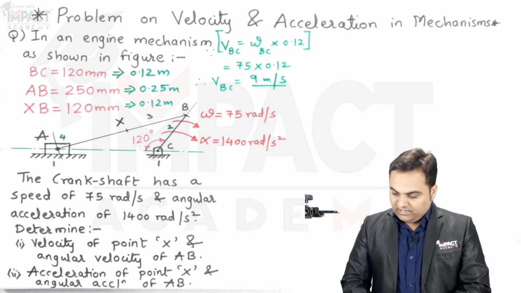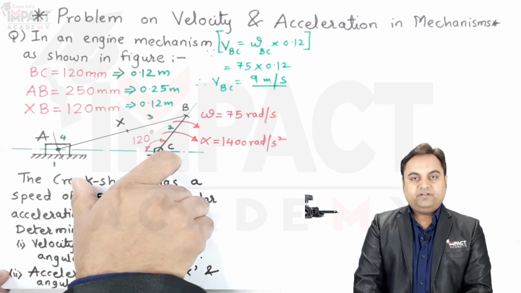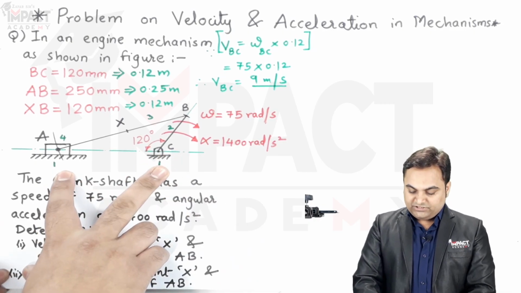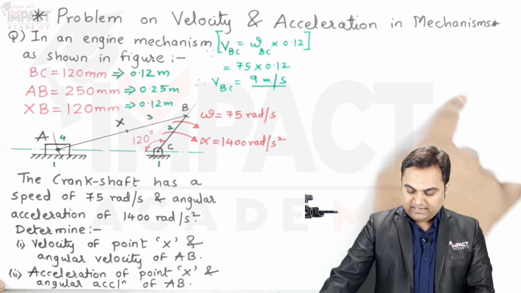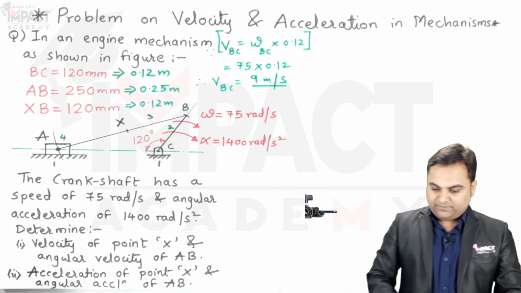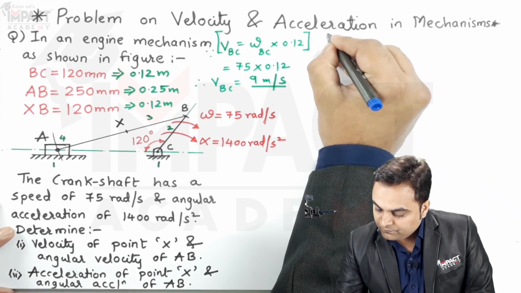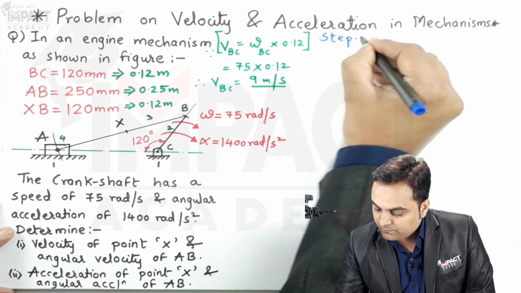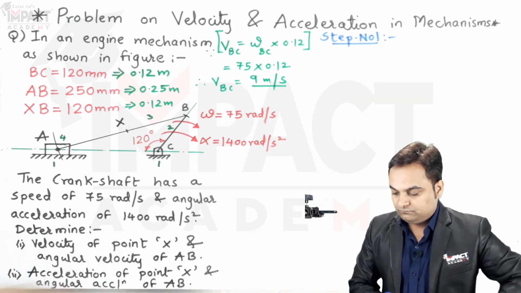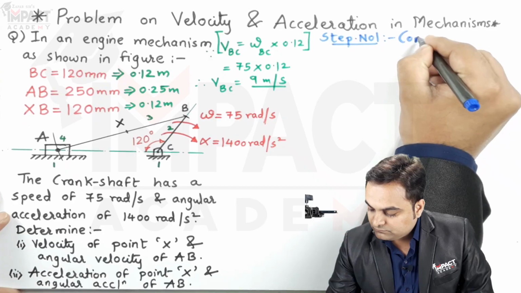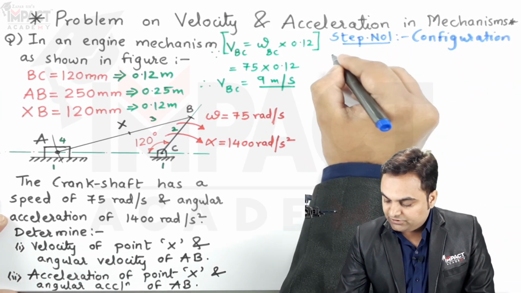Then after that, now this is the configuration diagram which is there in front of us. This configuration diagram, I am going to draw it again over here by taking a scale. So the first step in this problem would be step number 1, that is the configuration diagram.